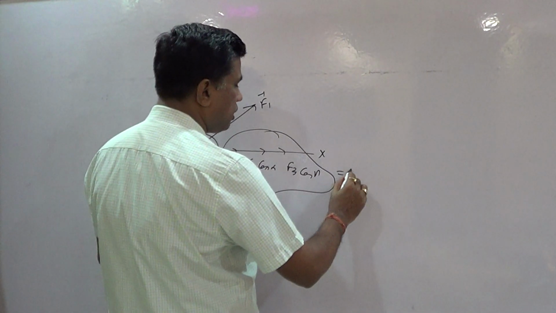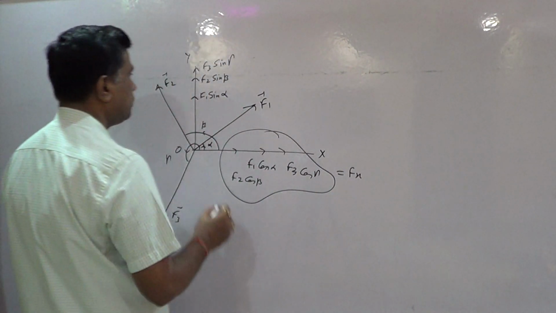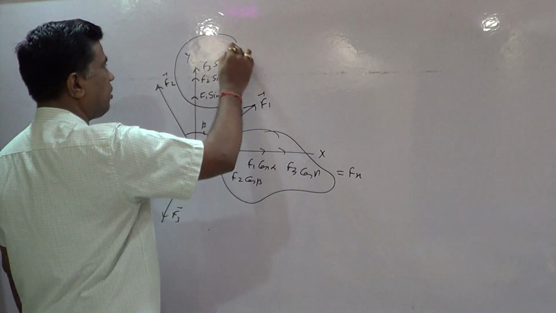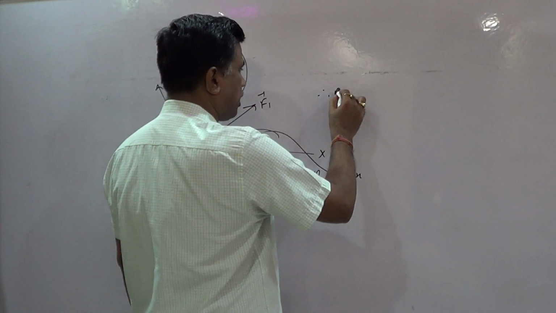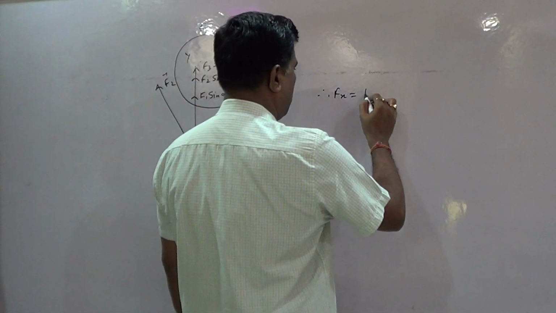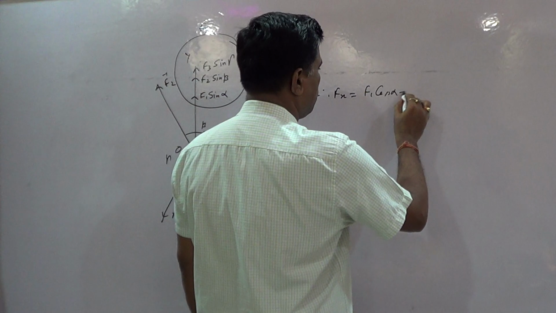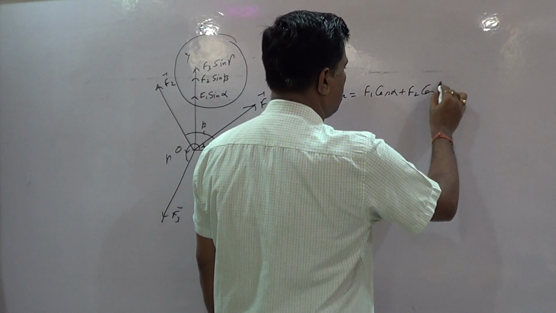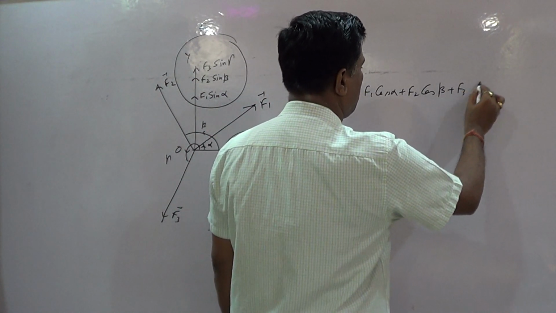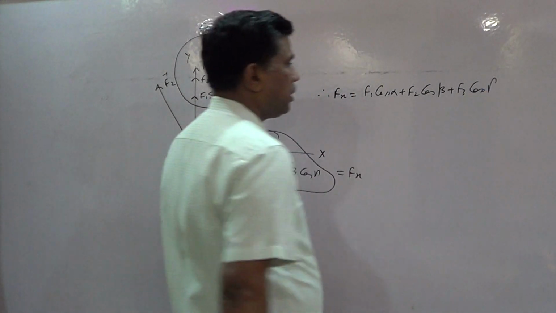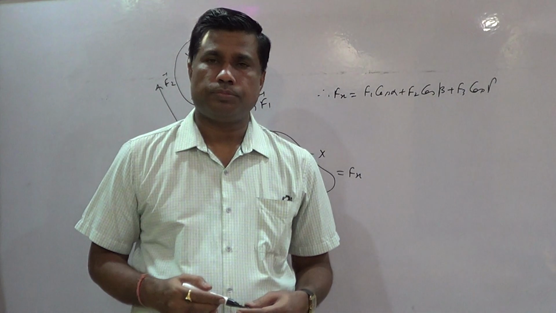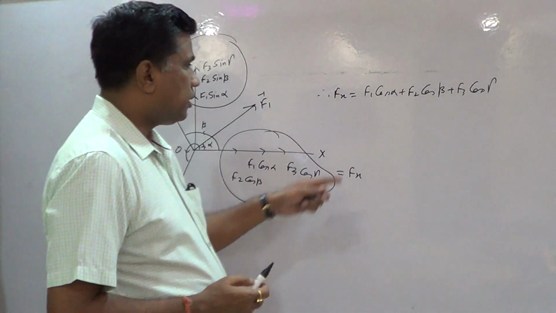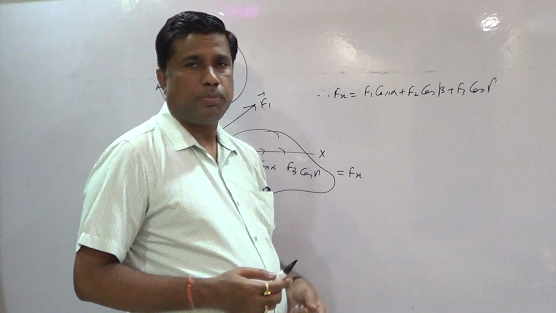Let the sum of all these vectors be Fx. In the same way, we can assume the sum of all these vectors is Fy. So this Fx can be written as F1 cos alpha plus F2 cos beta plus F3 cos gamma. Student, in the problem, the values of F1, F2, F3 will be given, and the angles alpha, beta, gamma will also be given.